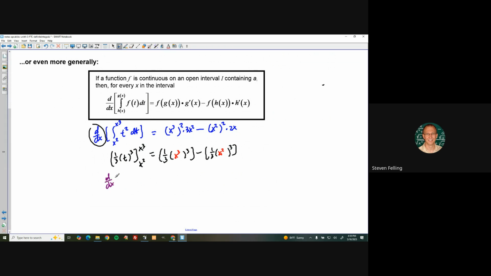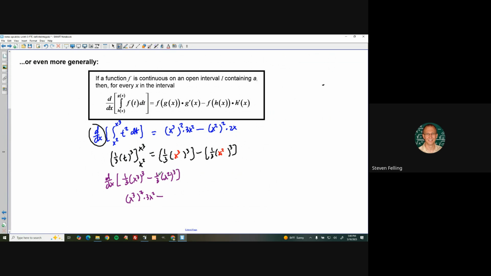So the derivative of that result is the derivative of this 1/3 x cubed minus 1/3 x squared cubed is, the derivative here is, when we bring this 3 down, it's 1 times that thing squared with x cubed plugged in, but by the chain rule, we have to multiply by the 3x squared. And you would subtract.